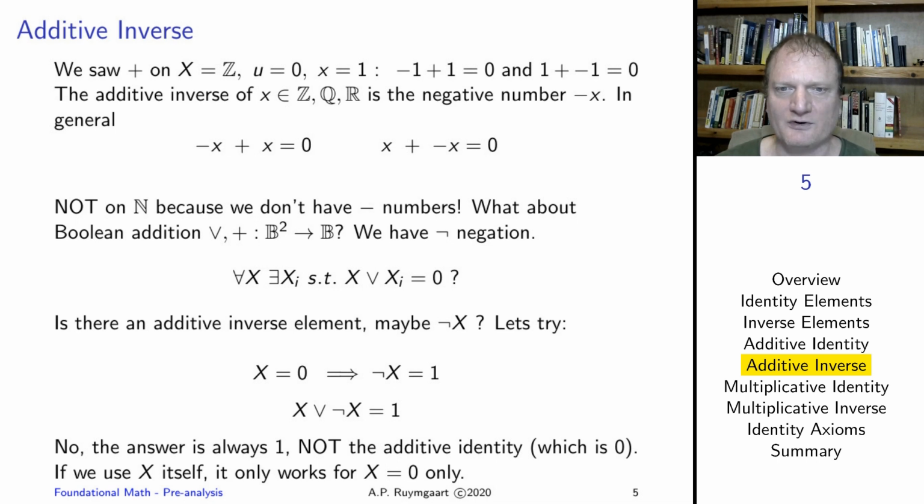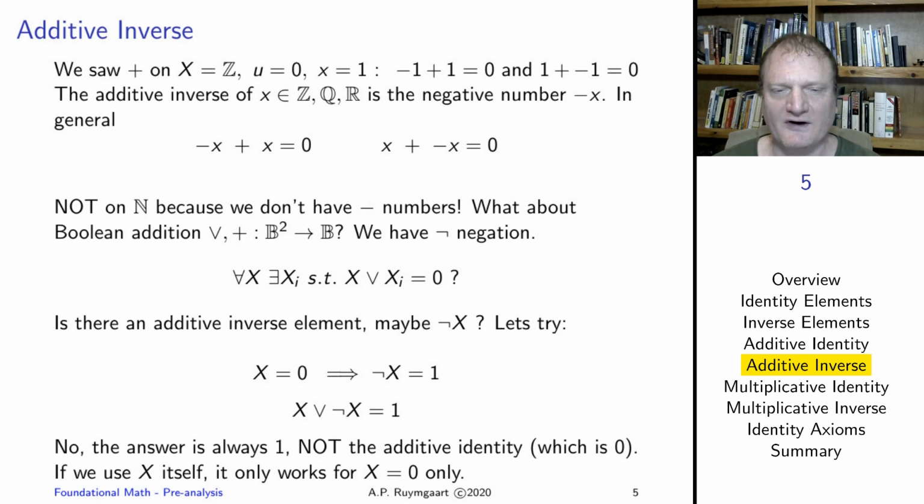The output is always 1, and that is not the additive identity. Remember that for the Boolean OR operation, our additive identity is the 0 element. So there is no additive inverse for Boolean addition as long as we define it as the OR operation.